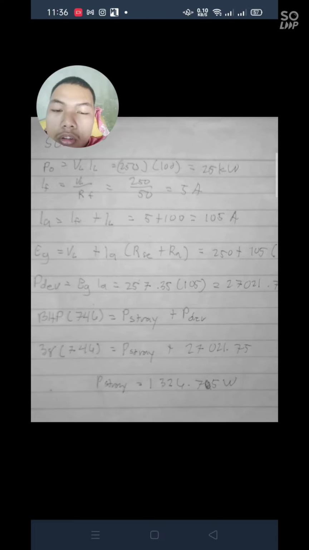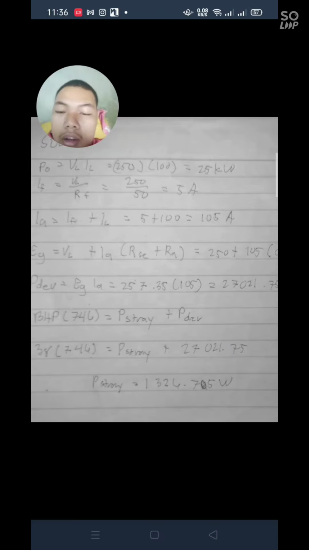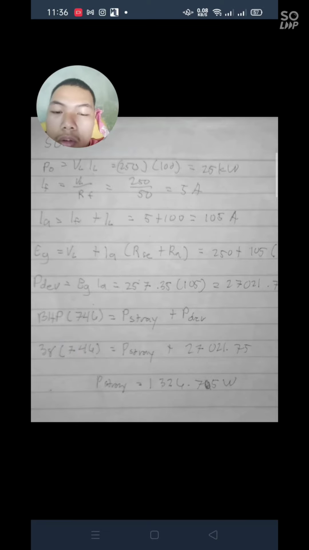So we transfer it here: 38 times 746 minus 27,021.75. So we get P stray equals 1,326.75 watts.